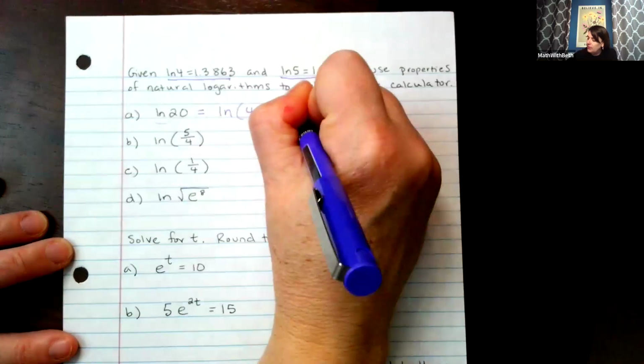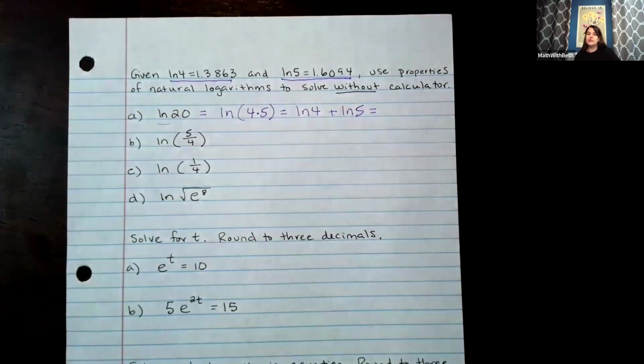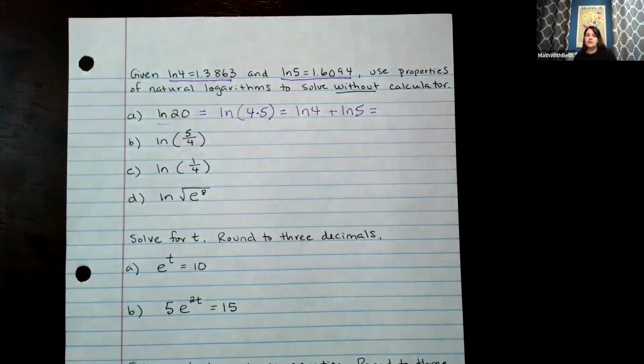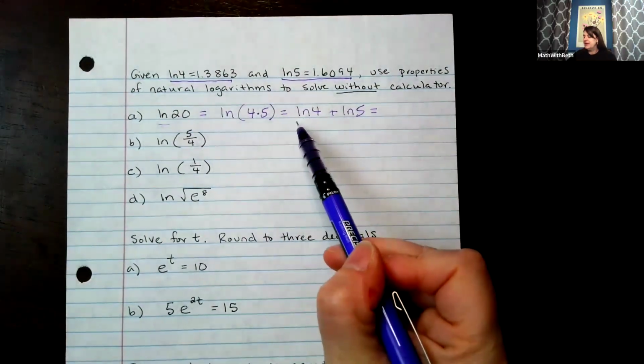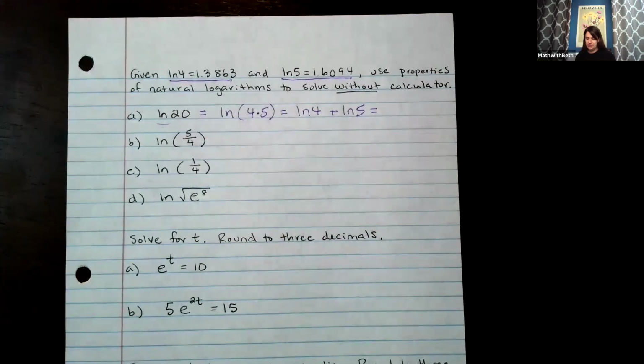But now if you remember about logs, you would know that you could split that up. So now, since I can split it into ln4 plus ln5, and I already have those values, thanks to what they gave me, I can just add them together and see what I get.